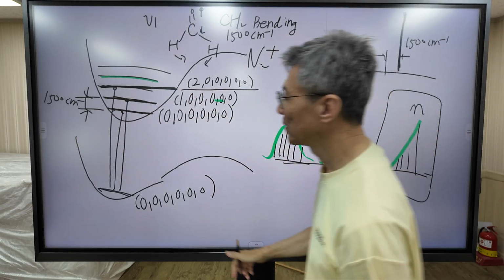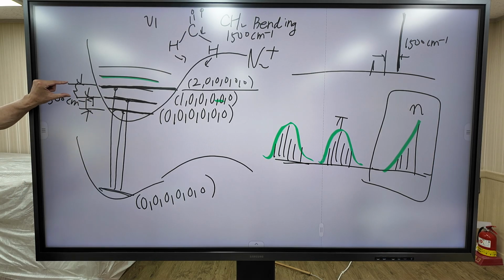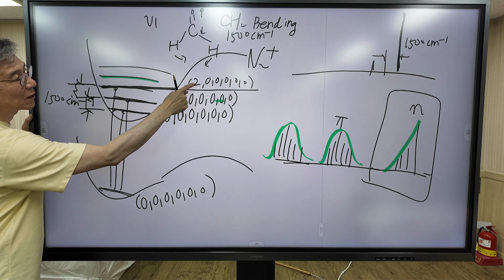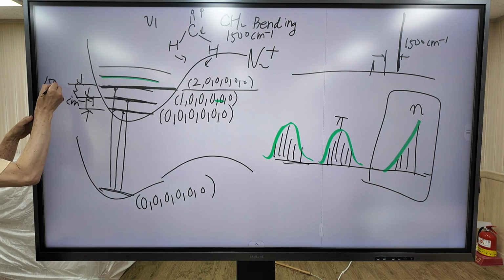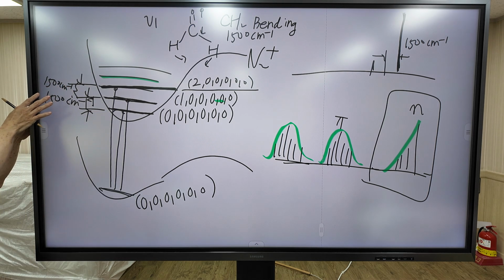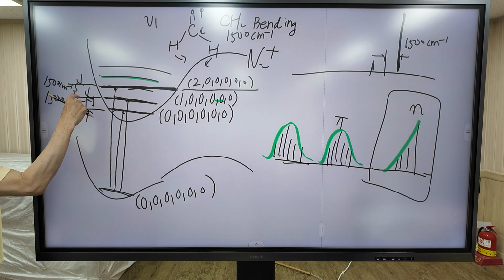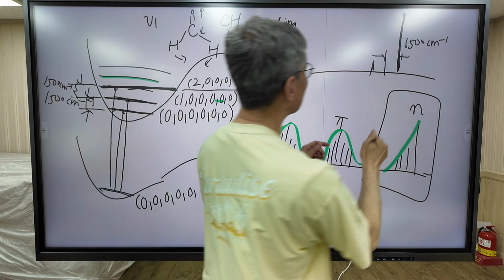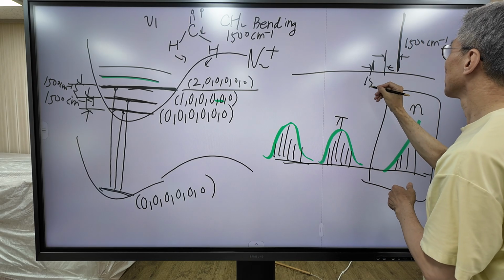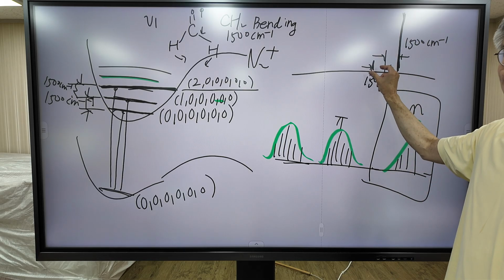Then what is the vibrational spacing between these adjacent vibrational levels? Because only the first vibrational quantum number is excited, this one is also 1500 wave number. So this peak spacing is again 1500 wave number, equal spacing.